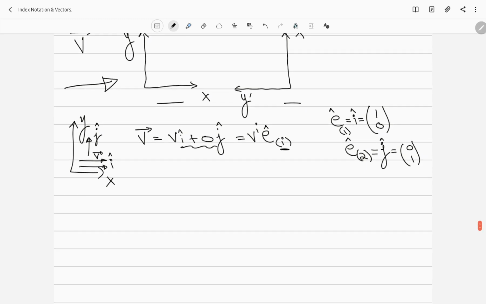Now this just says that v1 is equal to v and v2 is equal to 0.